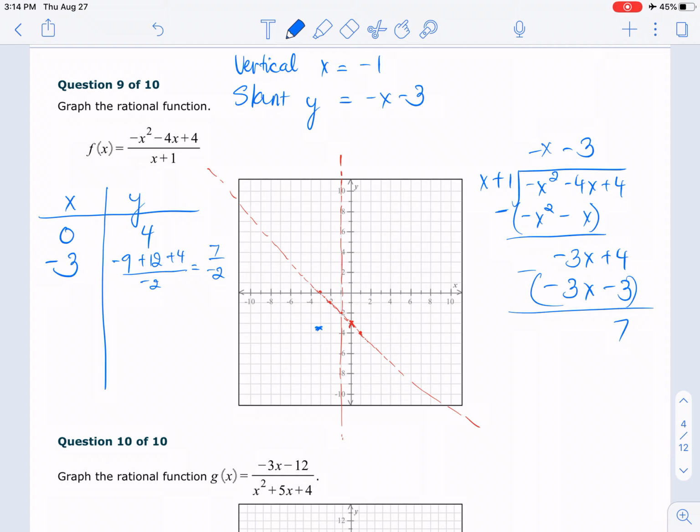Okay, so we have negative 3 and negative 3.5 is right here. So I have this point. I have 0, 4, which is right here. Okay, I think I can guess. Let's try negative 2. We're going to end up with negative 4 plus 8 plus 4, which is 8.